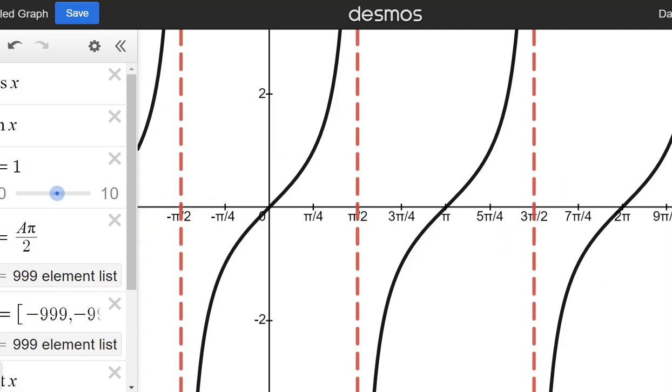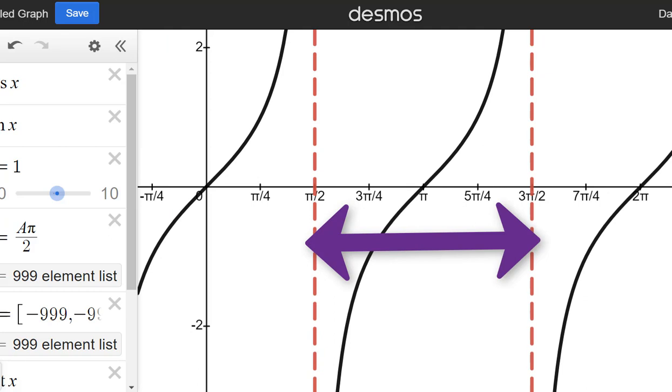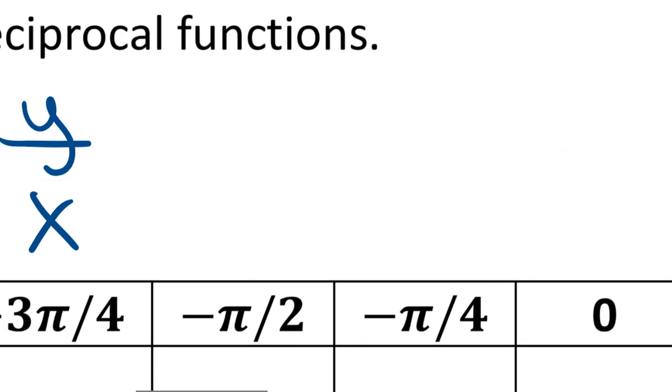But also, let's talk about the period. Remember, the period is how long it takes to complete one full cycle of the graph. So if we look at any of the vertical asymptotes, we can pick any two we want and find the distance between them. Just because we're going to work with some positive values here, I'm going to use 3 pi over 2 and pi over 2. So let's formalize that for a second. Since we're doing distance, we're going to use absolute value.